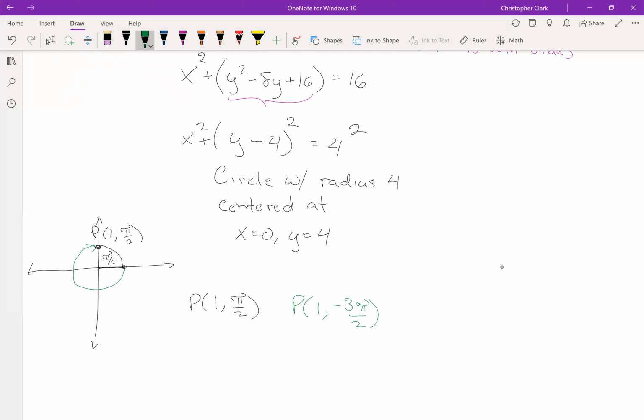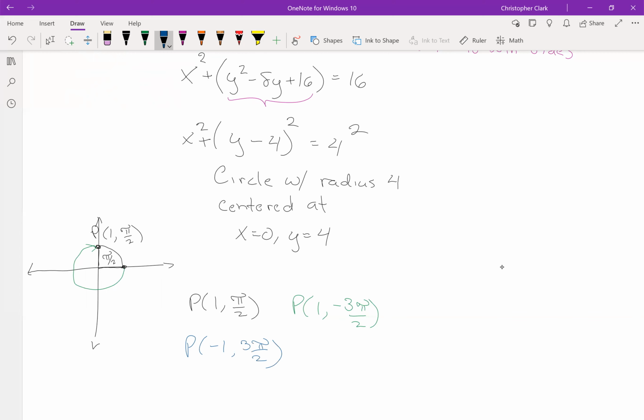What if I wanted to do it where r is less than 0? In this case, I could write it as P(-1, 3 pi over 2). So in this case, I am going to go over 1, so we treat it as normal, and I want to end up down here. So I could go all the way over to 3 pi over 2.